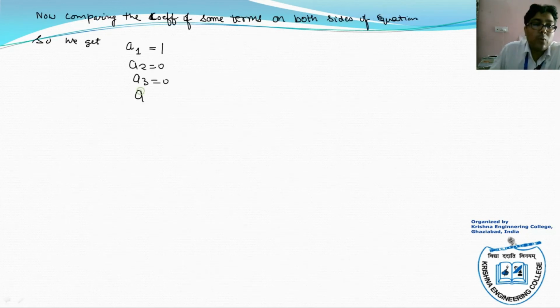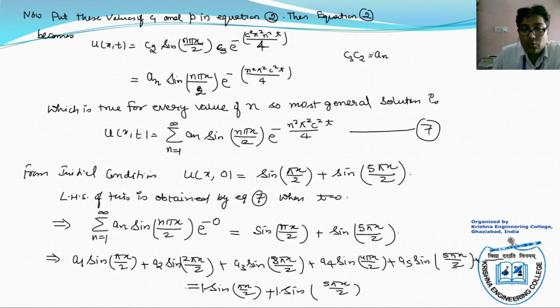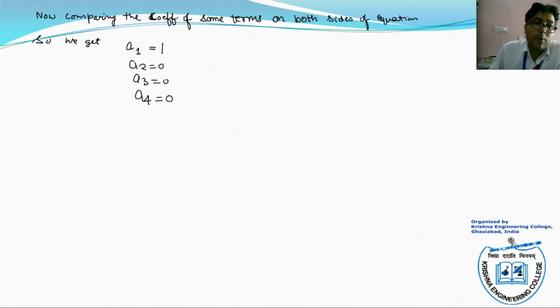So a4 is equal to 0. Clear? Again now coefficient of sine 5 pi x by 2 on LHS is a5 and on RHS this coefficient is 1. So a5 is also 1 and a6, a7, and so on all are 0.